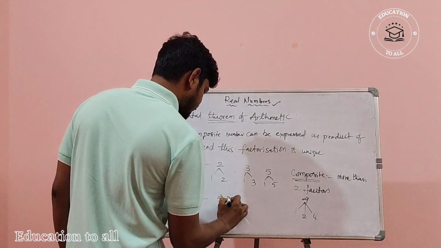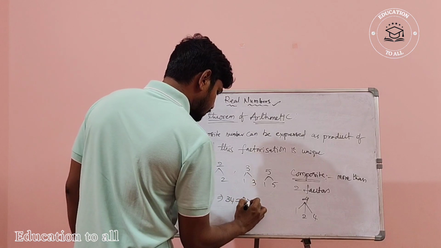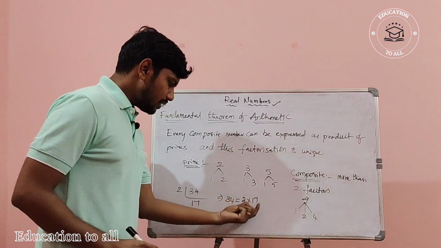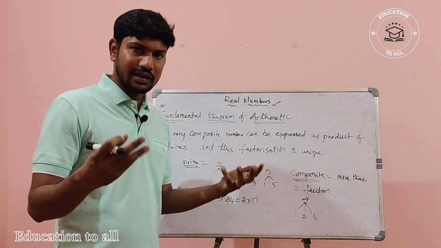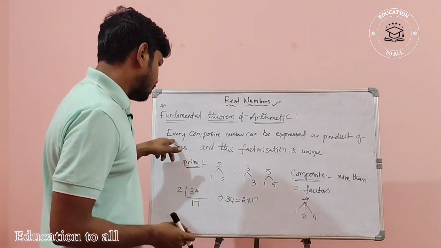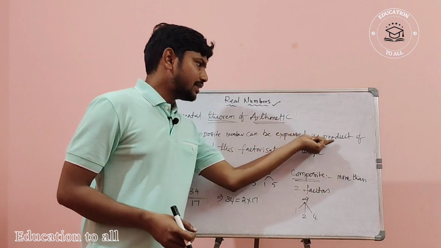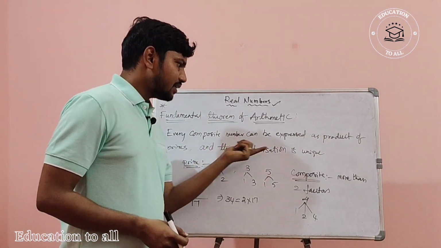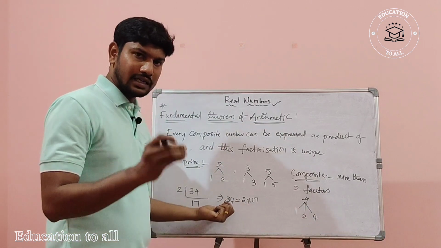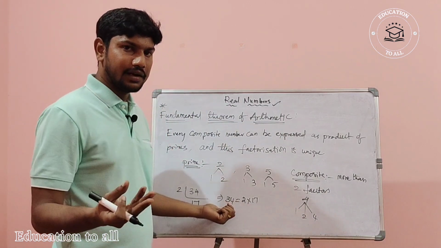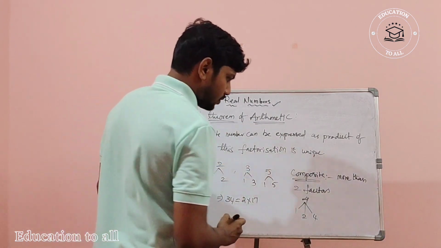So 34 is equal to 2 into 17. 2 17s are 34 only. We cannot write 2 17s as 35 or 36 or any other number. The product must be expressed as primes, and that factorization is unique. Unique means 2 17s are 34 only. So let us look into another.